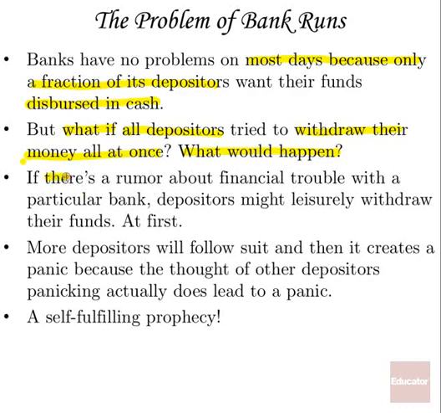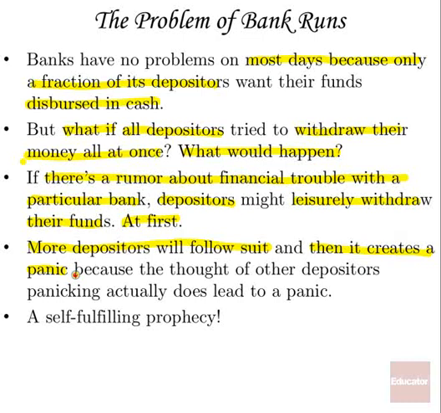Let's say there's a rumor about a financial trouble with a particular bank. Let's say it's not true, but people believe this rumor. Well, depositors might leisurely withdraw their funds, maybe not go in a rush, but withdraw some funds little by little at first. But then other depositors are going to hear that so-and-so person withdrew their money from the bank, and more depositors will follow suit, and then it creates a panic.